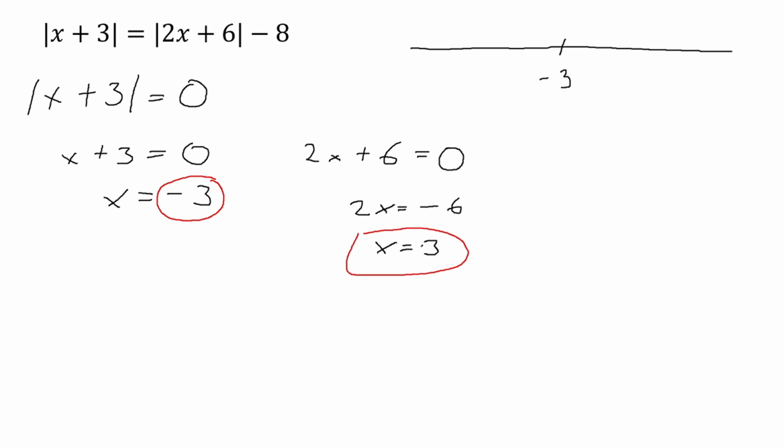There we go, negative 3 again. So we will have only two intervals, and the intervals will be from negative infinity to negative 3. Negative 3 is not included, because if it were, then it would equal 0. And then the other interval is from negative 3 all the way to infinity. So these are now our two intervals.